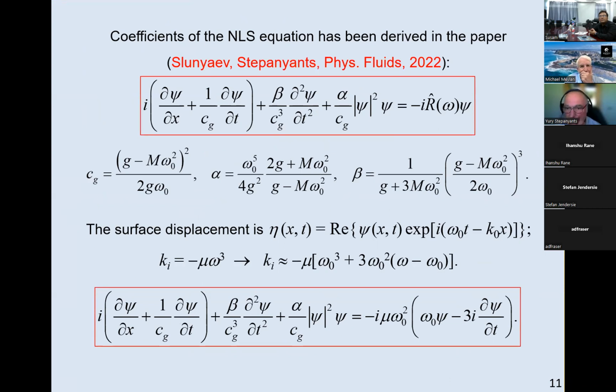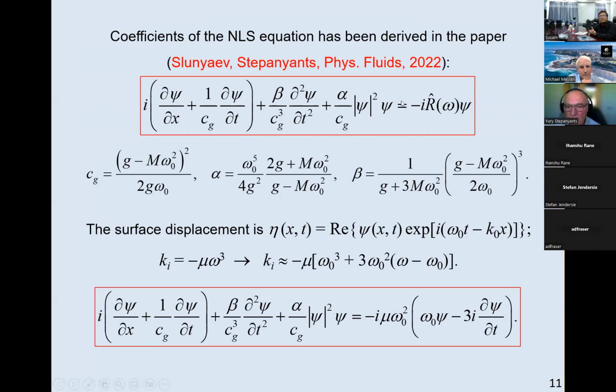Schrödinger equation, we have to remember that this equation is applicable only for narrow band wave trains. By definition, when we derive this equation, we assume that wave amplitude is relatively small and the dispersion parameter is also relatively small. This means that the width of the spectrum must be relatively small.